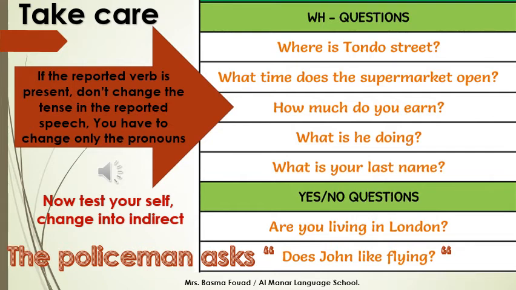You have to change only the pronouns. You will not change the tense. So what will the new reported sentence be? The policeman asks if John likes flying, or if he likes flying. That's it. You just change the pronoun.